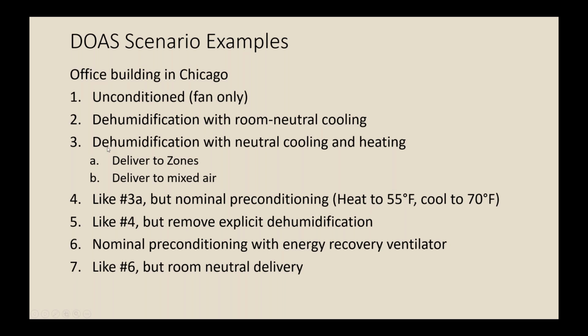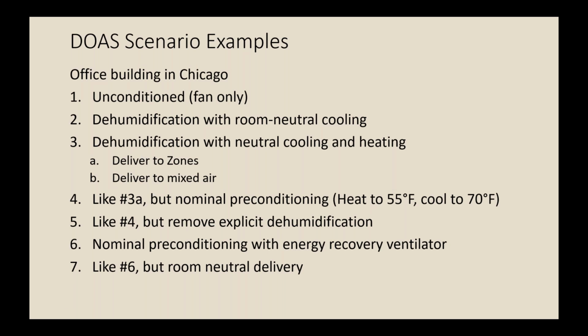I'll explain with some numbers what that room neutral cooling means in a little bit. The next case is dehumidification with room neutral cooling and heating, so I've added heating to item number 2. In the first 3 cases, I'm delivering air directly to the zones. For 3B, the only change I'm making is to deliver to the mixed air instead of directly to the zones, just to show for this example what impact that has.